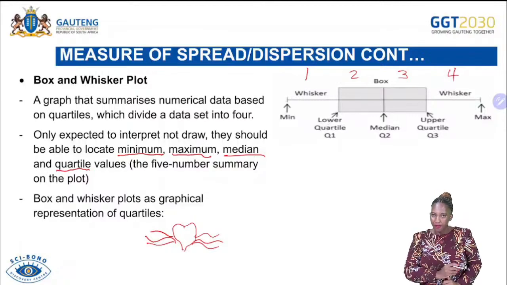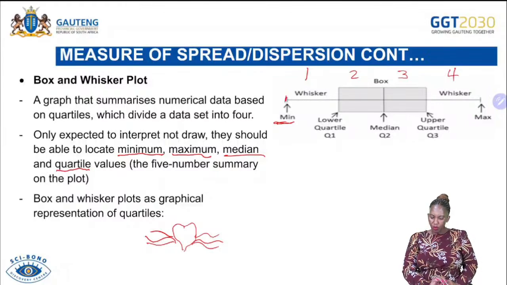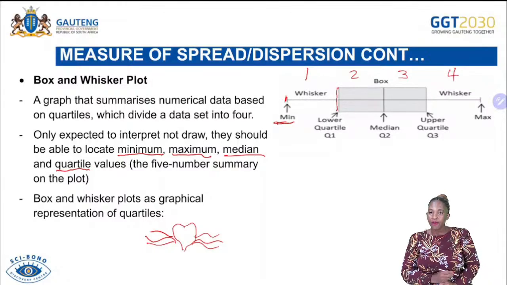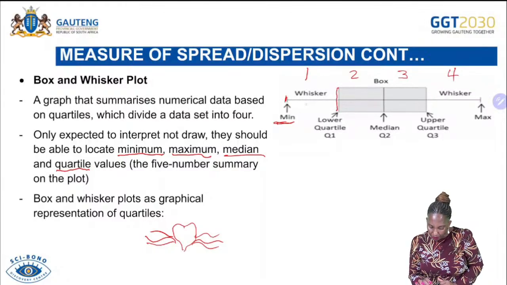So now let's quickly have a look at this box and whisker, the 5-point summary. We have our minimum. This part where the box and whisker drawing starts, it is our minimum. And then here we have divided the data, and the first quarter is 25%.